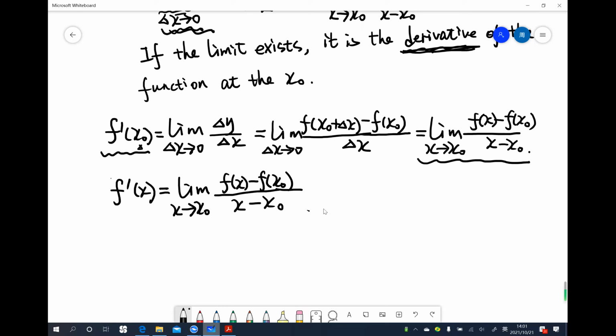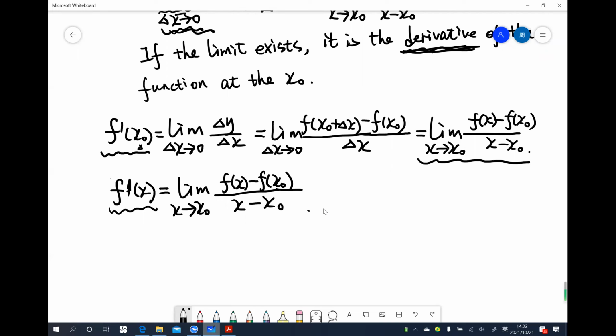And here there are other symbols for derivatives. The first one we often use is f prime. The second we often use is d, which stands for differentiate.